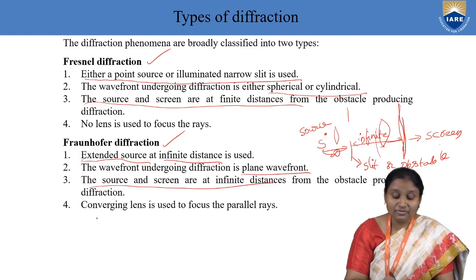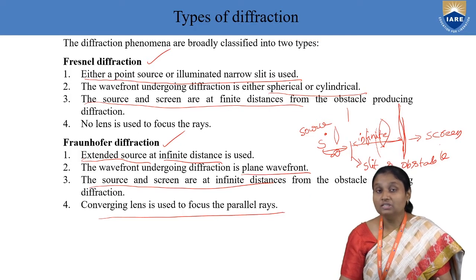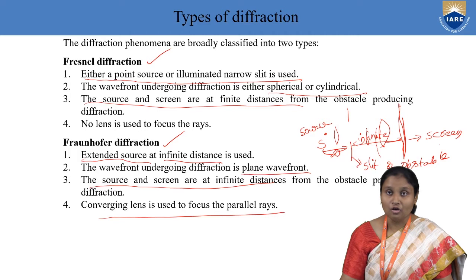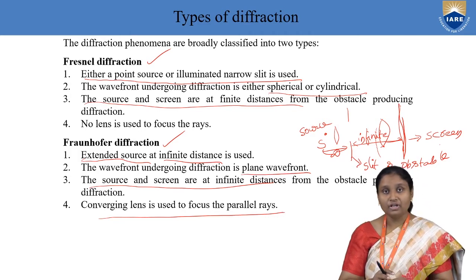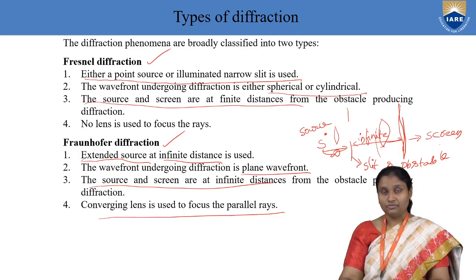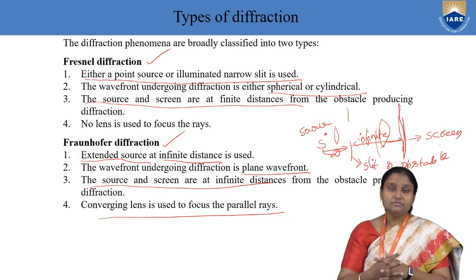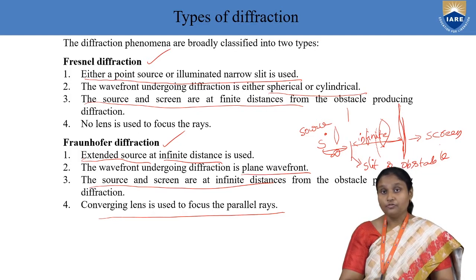So I need a converging lens in order to focus the parallel rays. Why? Because our source and screen are kept at infinite distance from the obstacle. So because of these differences, we have two types of diffraction. What are those two types? Fresnel and Fraunhofer diffraction.